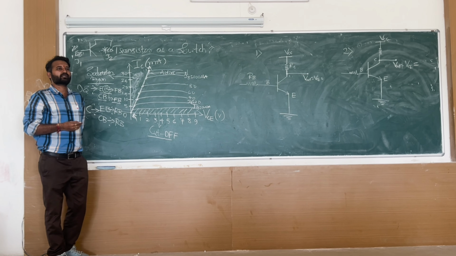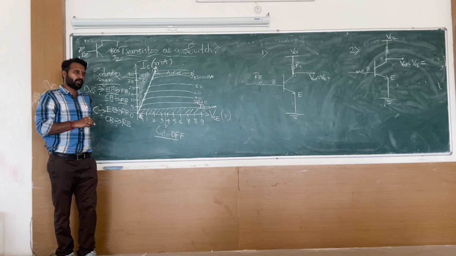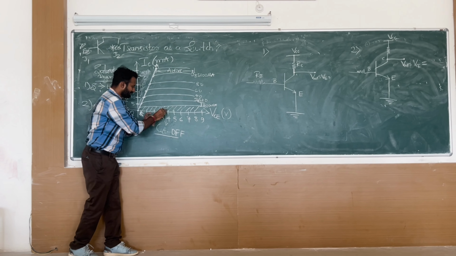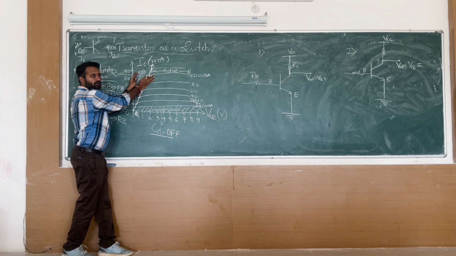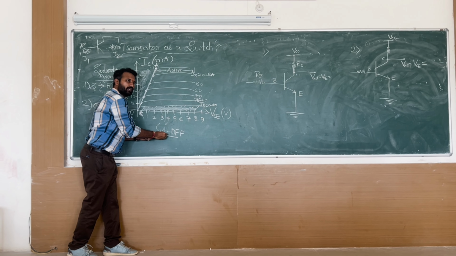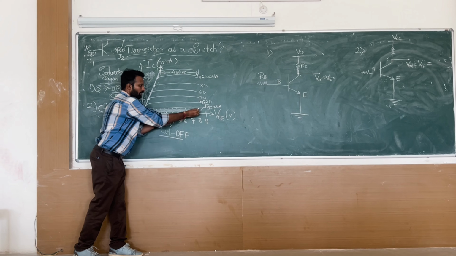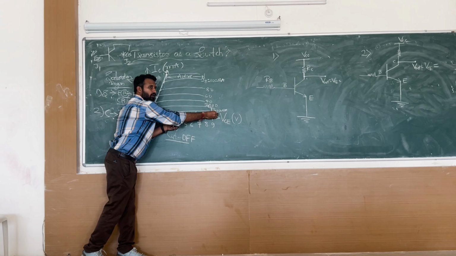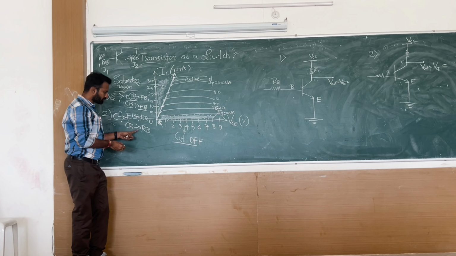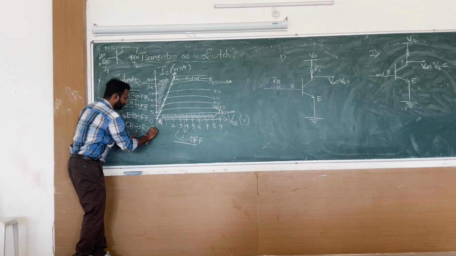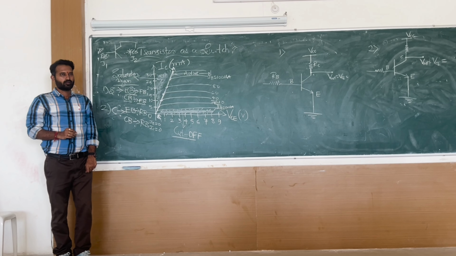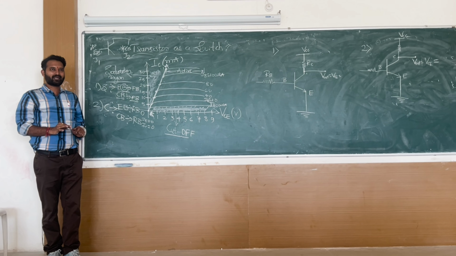Look here: how much is IB in this area? This is the cutoff region. IB is equal to 0 and IC is equal to 0, because of reverse bias. Understandable?